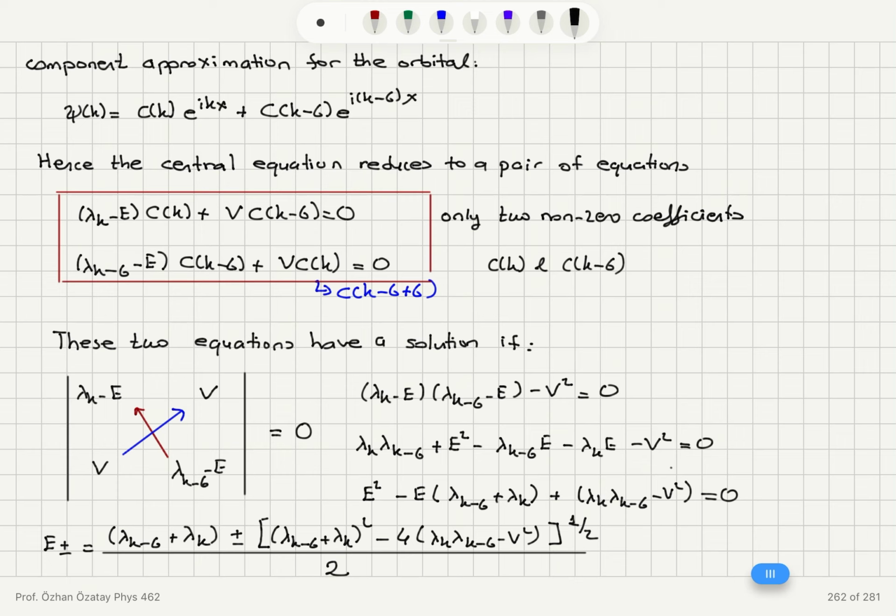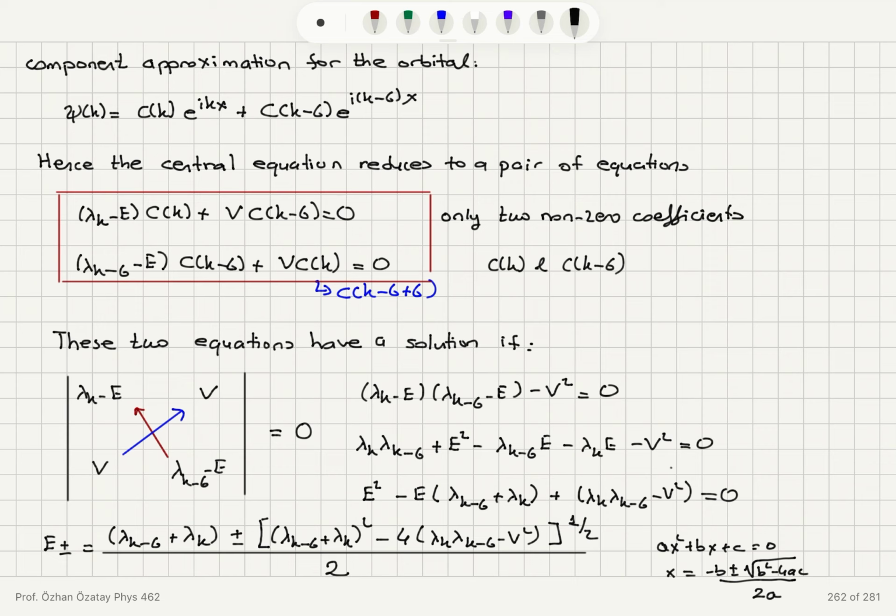This is a quadratic equation. I can solve it by using the discriminant. It's an equation of the form ax² + bx + c equal to 0, where x is equal to minus b plus or minus the square root of b² − 4ac, divided by 2a. You will remember this from basic math courses.